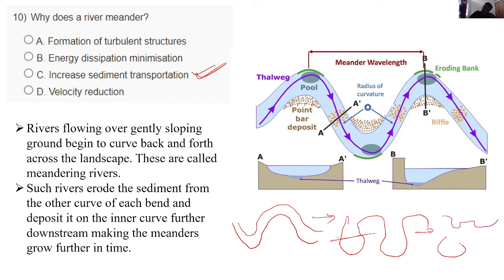And that cut off part is what is known as an oxbow lake. As soon as a part of that meandering river is cut off as an oxbow lake, this process will again continue. So this is the basic of river meandering.